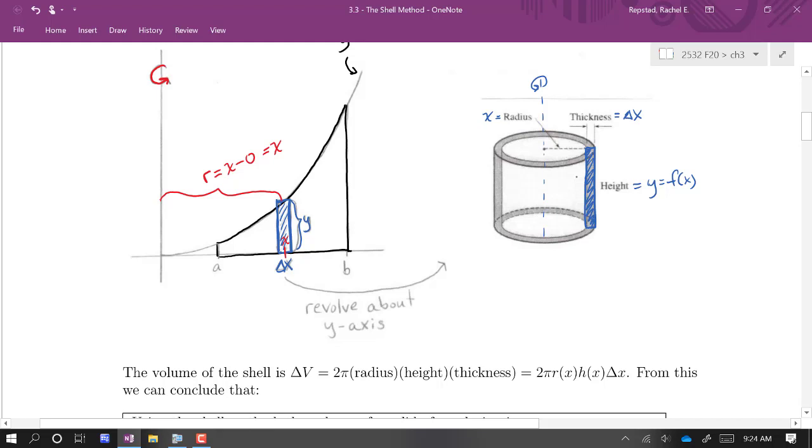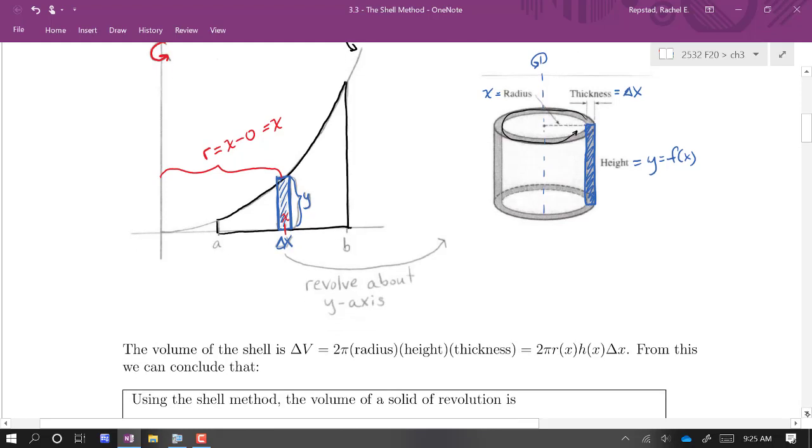The height is y equals f of x, and the other dimension is the circumference of the circle that is the base of that shell. The circumference is 2 pi r, and so using length times width times height of that unfurled, thin box, we get circumference times height times thickness, and that gives us this result down here.